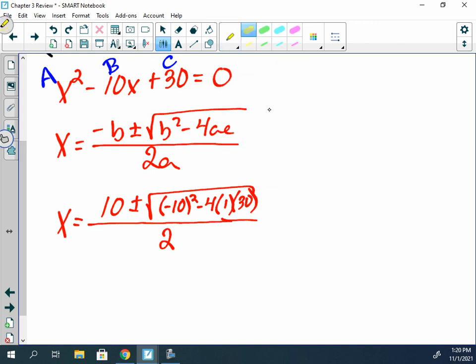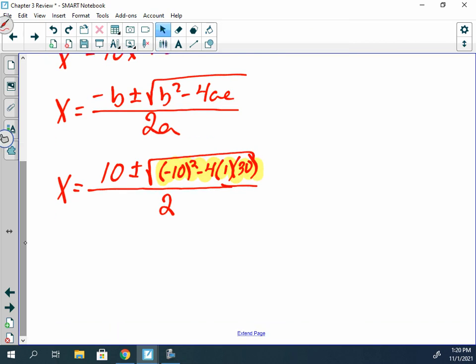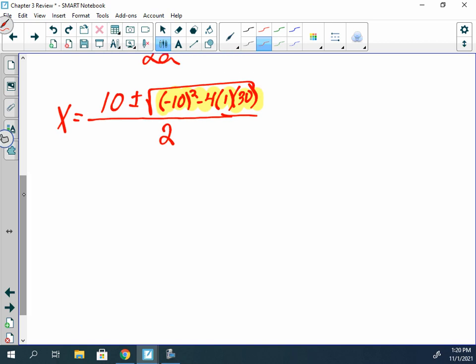We'll do it in parts. The first part would be to simplify everything inside the radical first. 4 times 1 times 30, which would be -20.